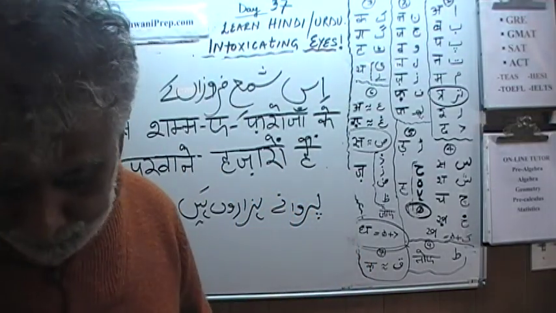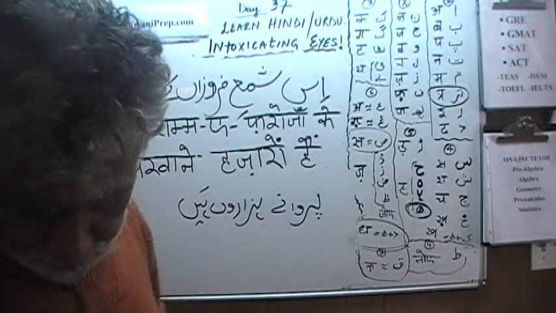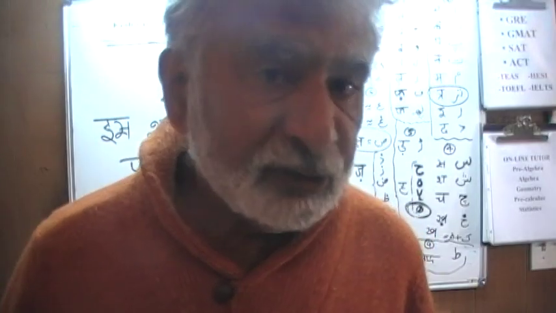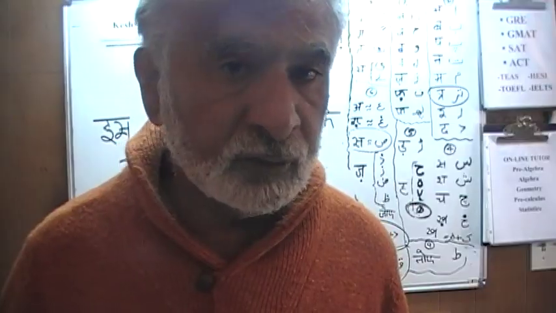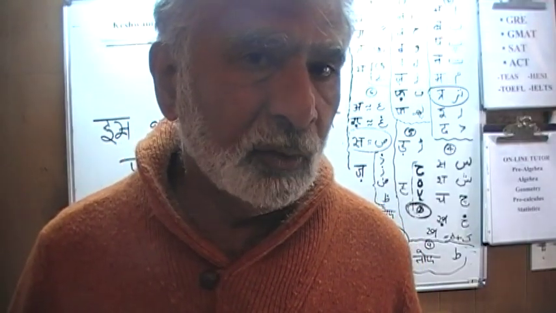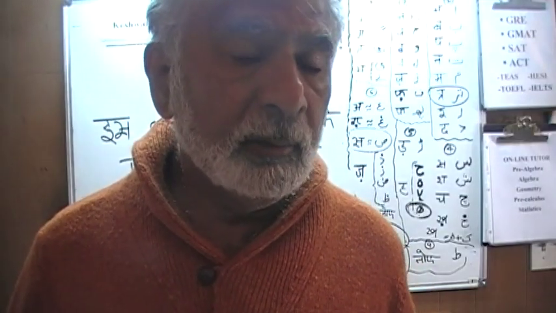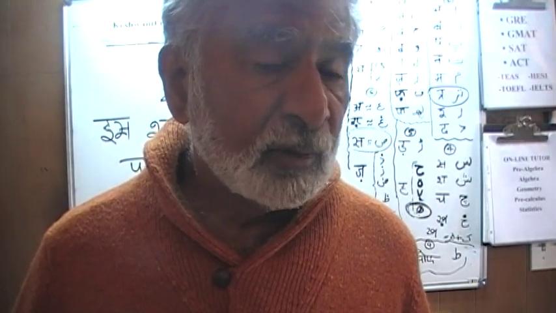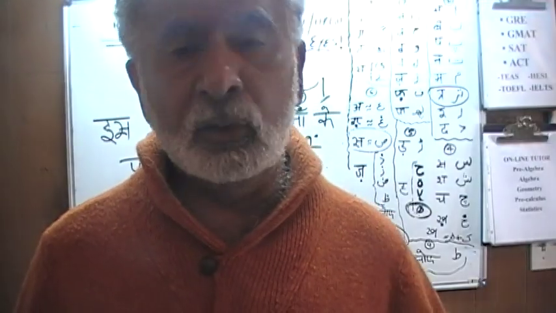First she says, इस शम्माए फरोज़ा को. She's talking about her eyes. शम्माए फरोज़ा, illuminating candles, illuminating light. इस शम्माए फरोज़ा को आंधी से डराते हो. You're going to intimidate with the threat of आंधी. इस शम्माए फरोज़ा के परवाने हजारों हैं.